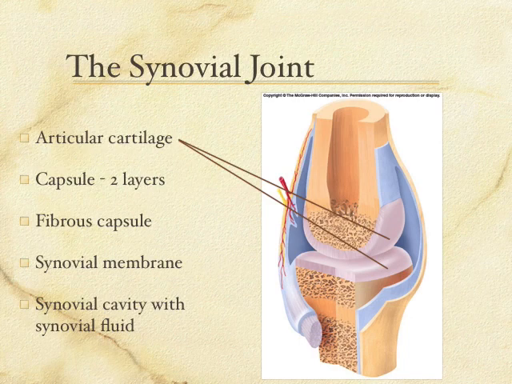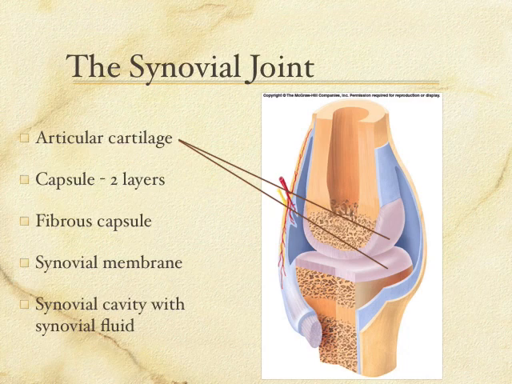The smoothest type, the one with the least amount of fiber in it. Enough fiber to just give it a consistency, but not very much. The cartilage here is slick and smooth. The thing that we want here is no friction if possible. We don't want any rubbing as much as possible.